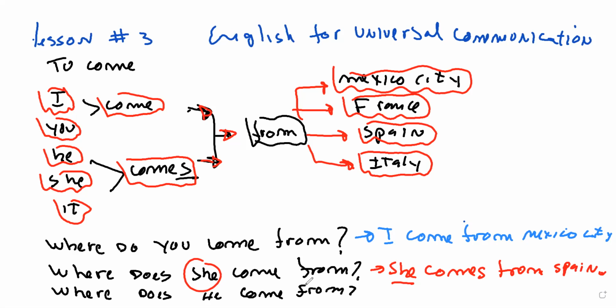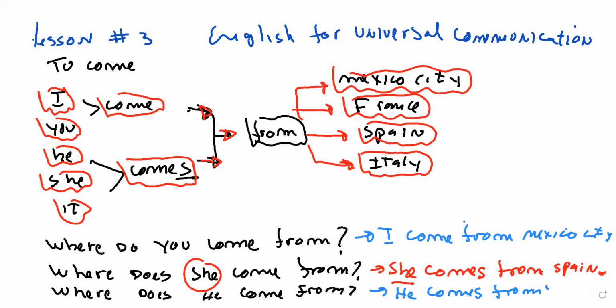And you can say, well, he comes from Italy. Él es italiano, él viene de Italia. Oh, okay, we don't have space here. Let me write it a little better. He comes from Italy.